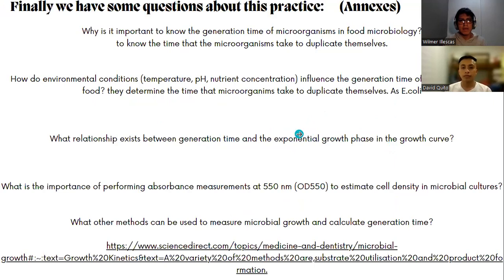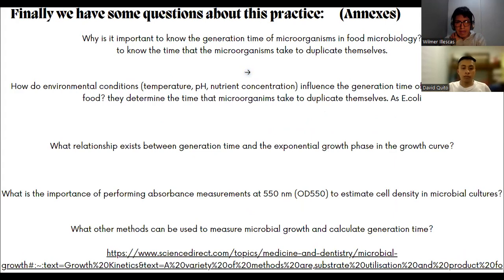Well, and final questions, as I told you before, we have these questions. The first one says, why is it important to know the generation time of microorganisms in food microbiology? Well, I think, even though I have said this many times before, it is important because you know the time that the bacteria is going to duplicate.